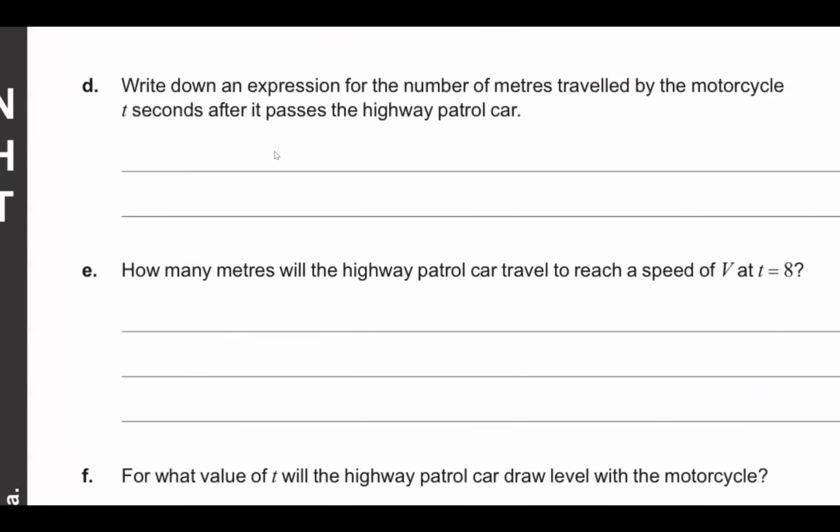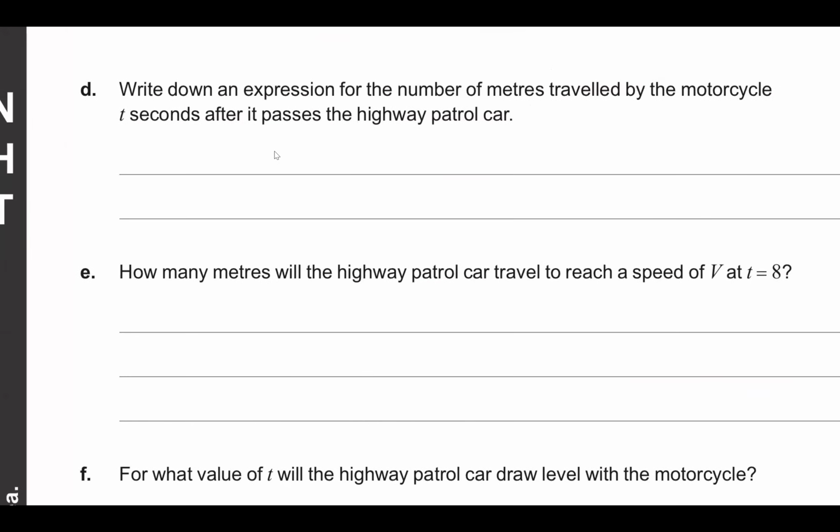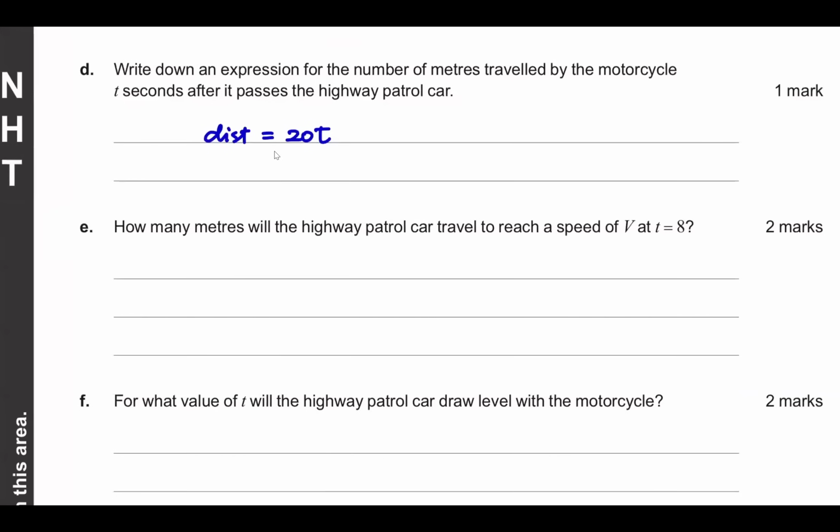Write down an expression for the number of meters traveled by the motorcycle t seconds after it passes the highway patrol car. So the distance equals 20t. And how many meters will the highway patrol car travel to reach a speed of v at t equals 8?